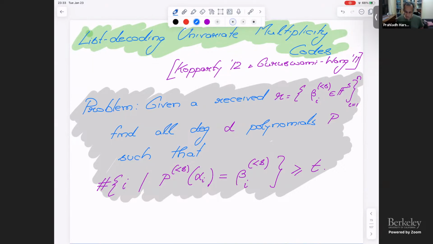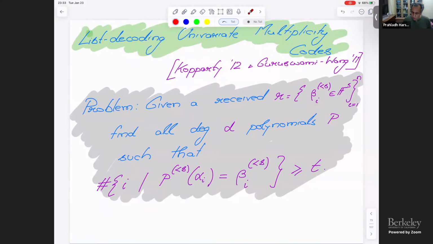considered the following problem. The list decoding problem is the following. You're given a received word, which is, for each of the n evaluation points, a symbol from this large alphabet, beta_i in Sigma^s.